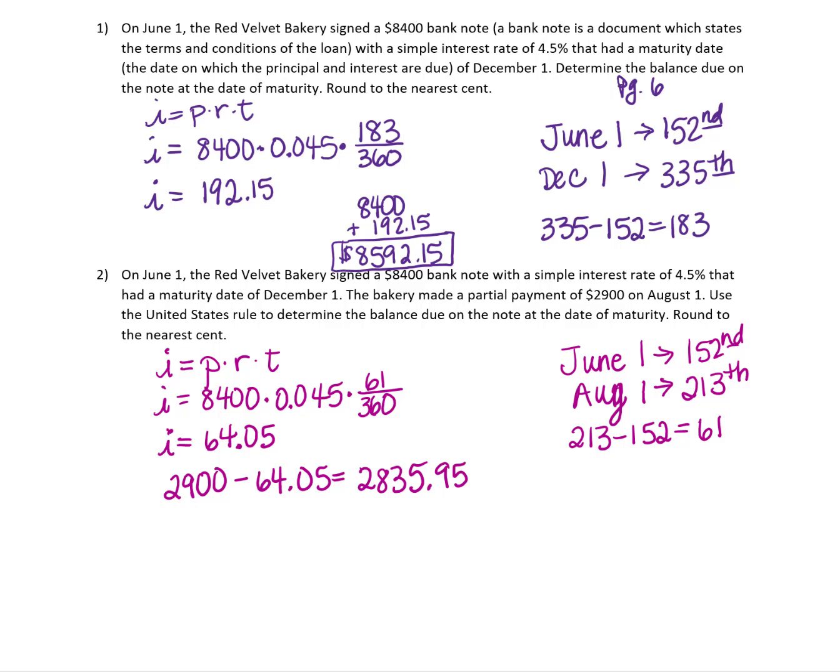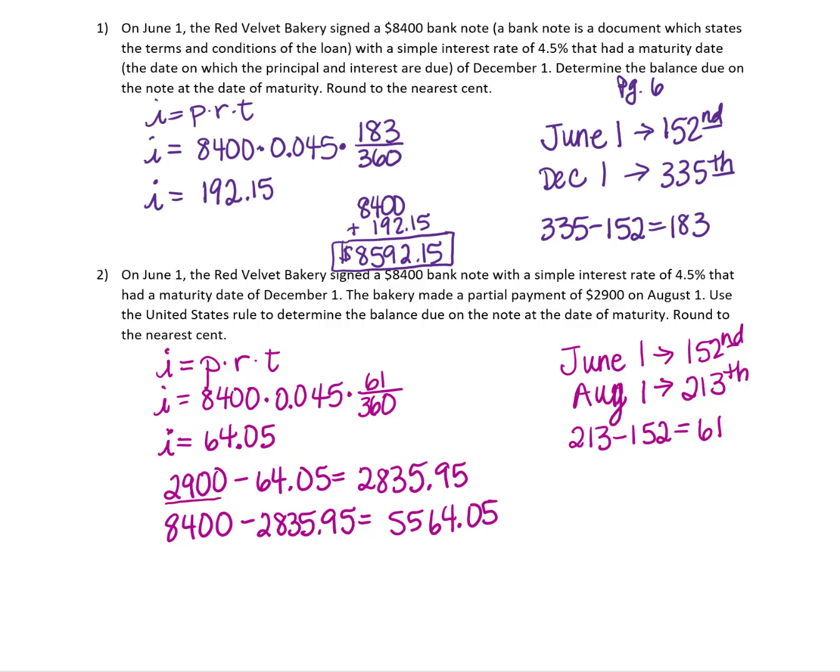So we'll subtract that amount from the $8,400, and I get $5,564.05. Just to make sure you understand, this is a partial payment of $2,900.